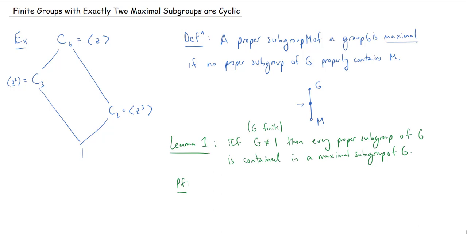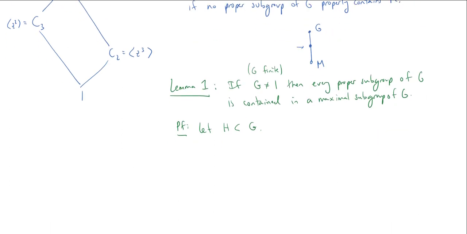So let H be a proper subgroup of G. Remember, this notation means it's a subgroup and there's no line underneath, so it's really a proper subgroup, not equal to G. We will prove the result by induction on the index of H in G, which you'll recall by Lagrange's theorem is the ratio of the cardinality of G to H.